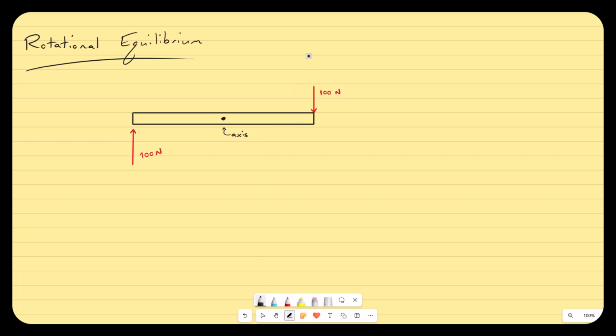The total net force on my object is 100 newtons up, 100 newtons down. So if I call upward my translationally positive direction, my total force is 100 newtons minus 100 newtons equals 0. This thing is in translational equilibrium.